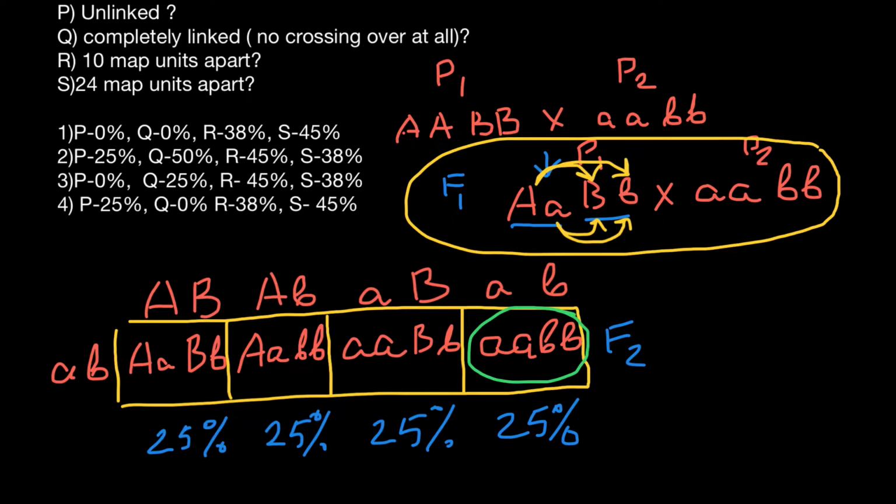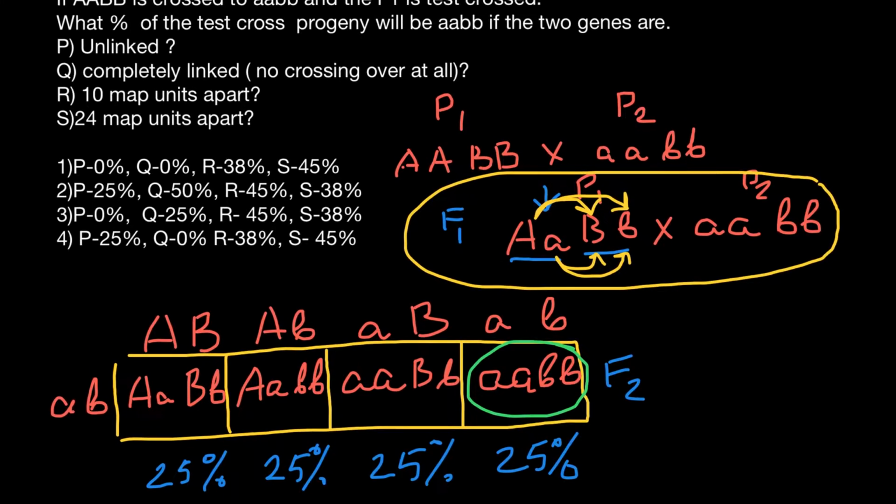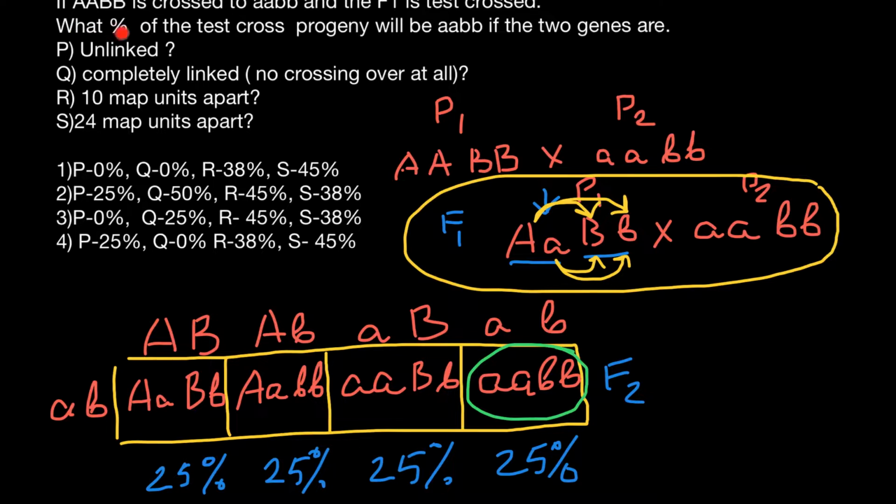Let me return to the question: what percent of the test cross progeny will be homozygous recessive for genes A and B? As you see, 25% of the F2 generation would be homozygous recessive for both genes.